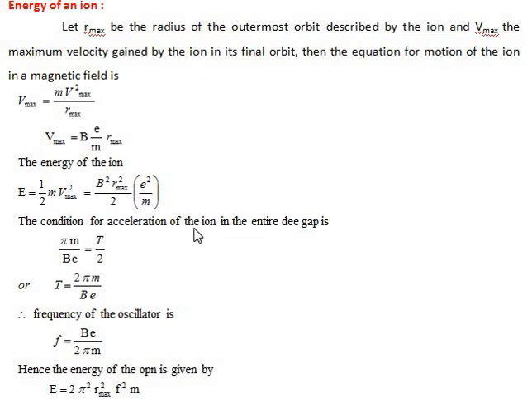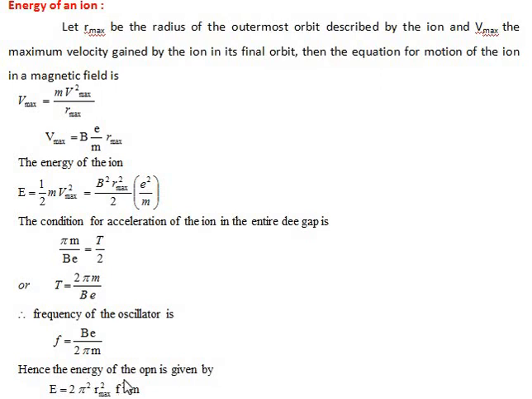The condition for acceleration of the ion in the entire D gap is pi m divided by Be is equal to T by 2, or T is equal to 2 pi m divided by Be. Okay. So the frequency of the oscillation is f is equal to Be divided by 2 pi m, since T is equal to 1 by f, or f is equal to 1 by T. Substitute here, it becomes the reciprocal.